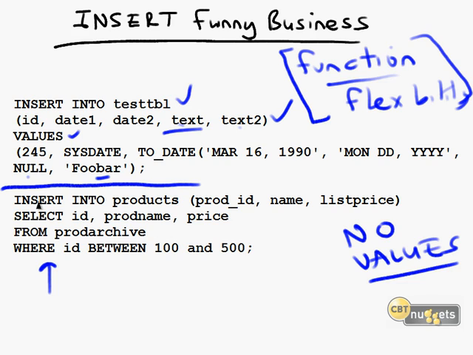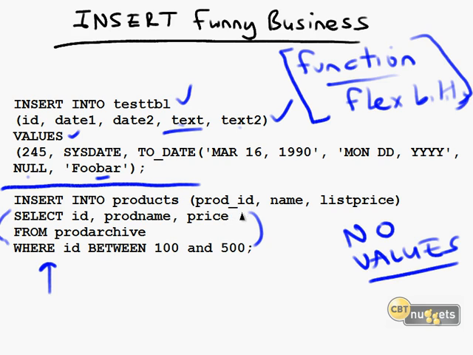You'll note that we go directly into the select statement. And if you want to put that in parentheses, that's fine for clarity. But you see that I'm selecting ID, prod name, and price from the prod archive table where ID is between 100 and 500. So this query is going to run first and retrieve those rows. And then those data elements, of which there are, remember parallelism, 3, will be inserted into the products table.